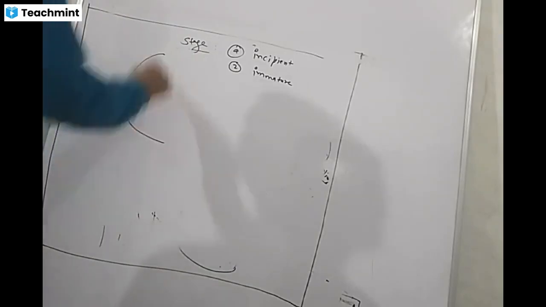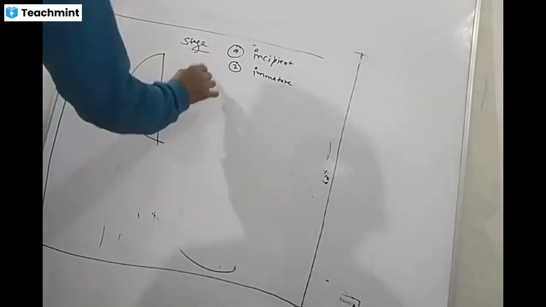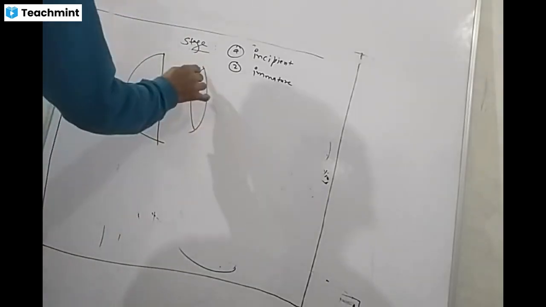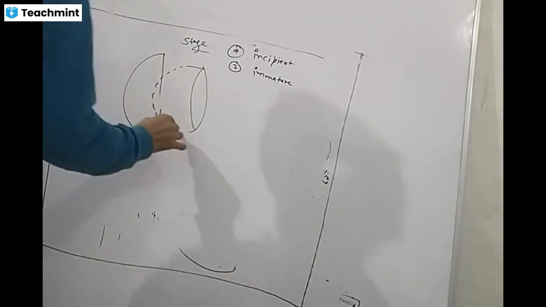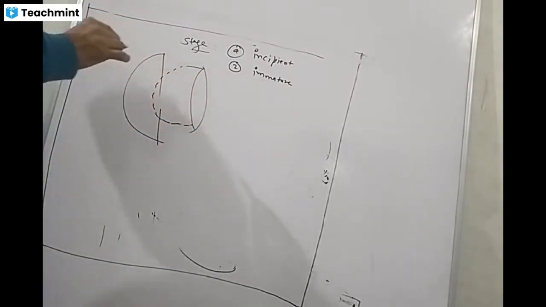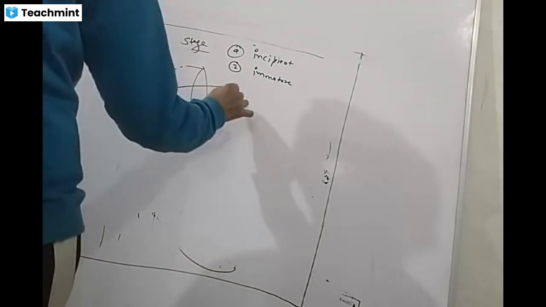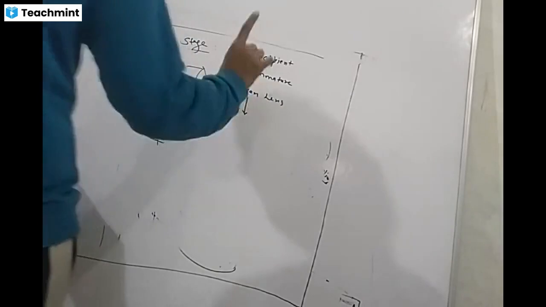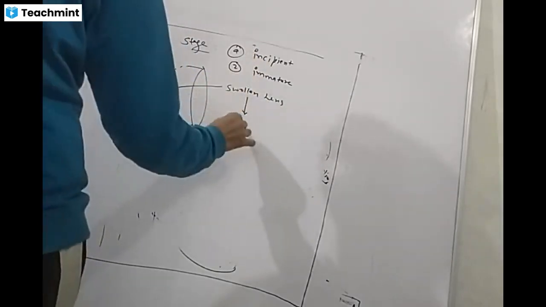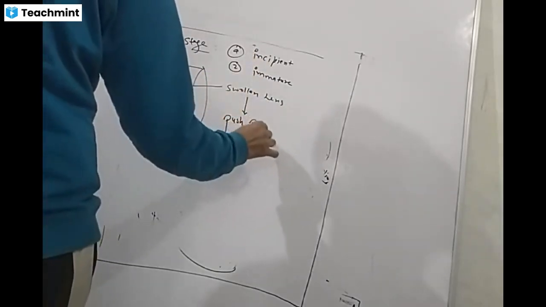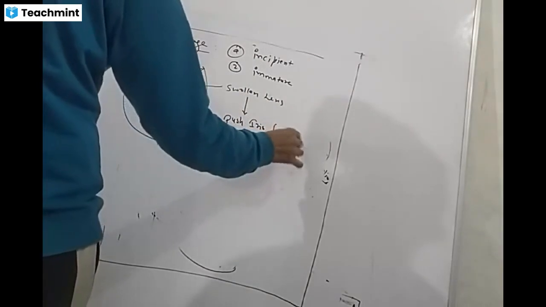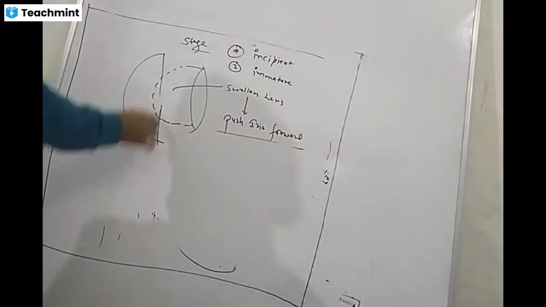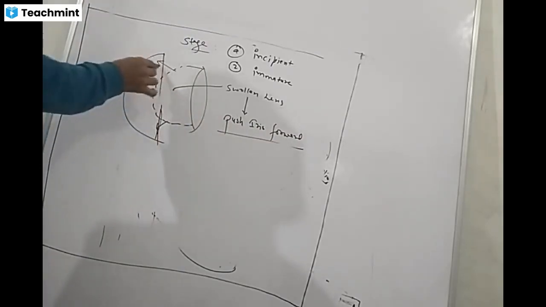If this is the cornea, iris, and this is your lens, and it becomes swollen like this, the swollen lens will push the iris forward. Because of the swelling of the lens, it pushes this iris forward.